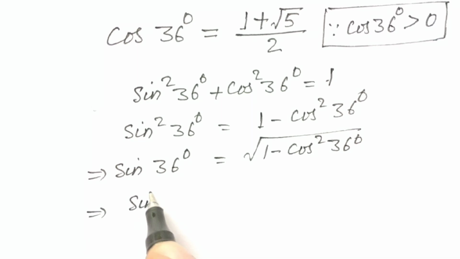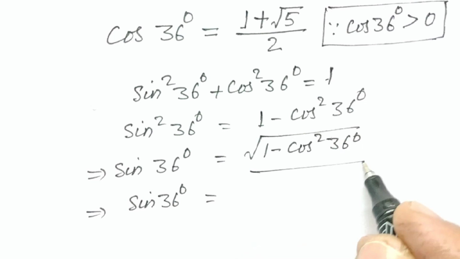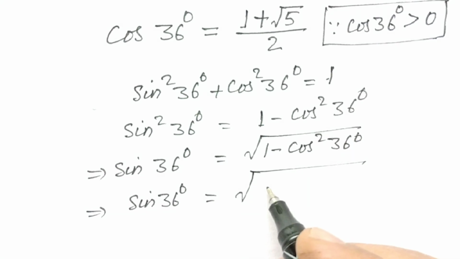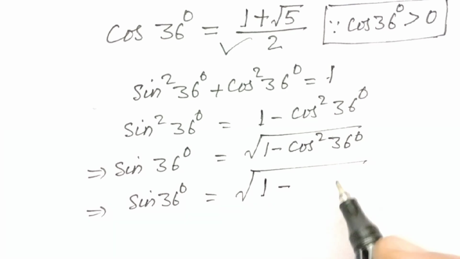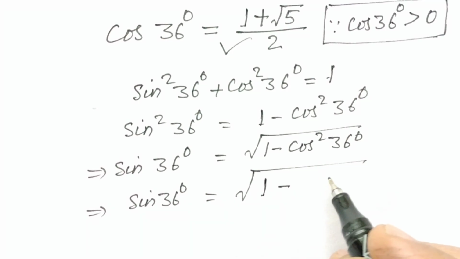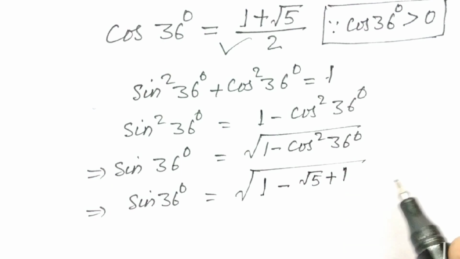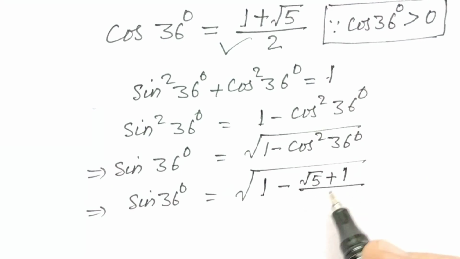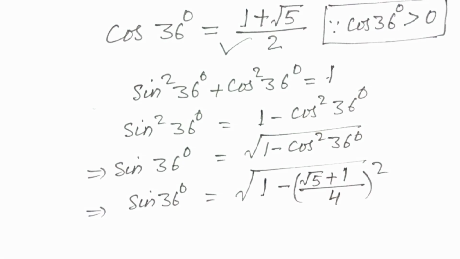So sin 36 degrees is equal to square root of 1 minus the square of root 5 plus 1 over 4, right?